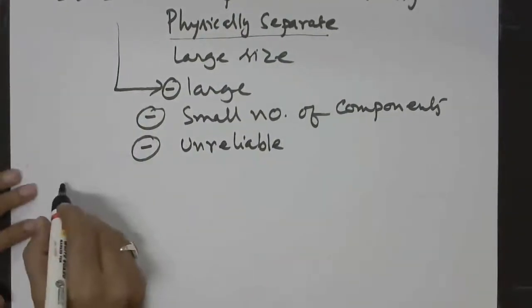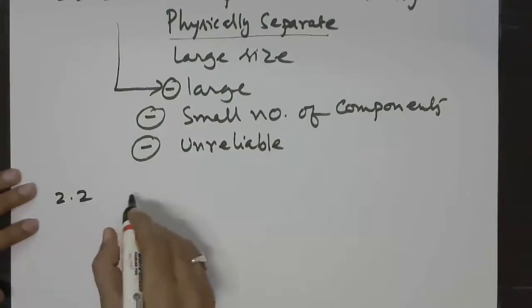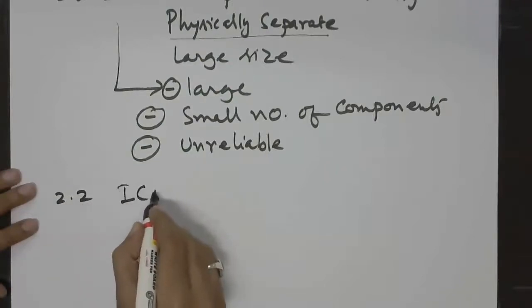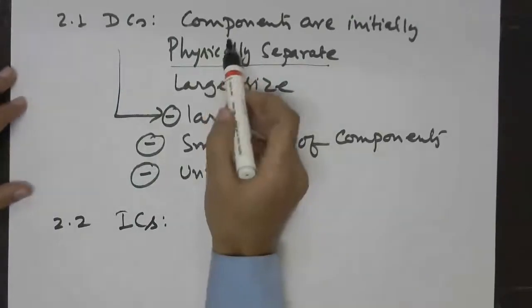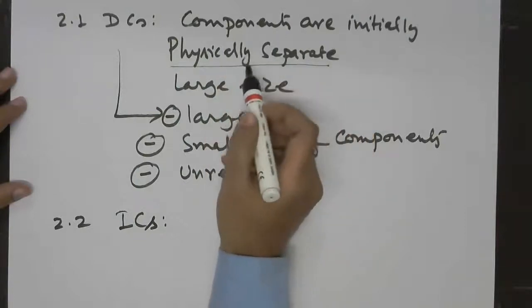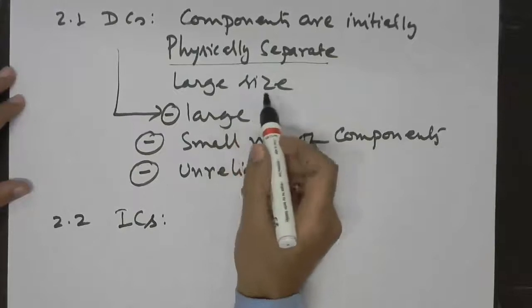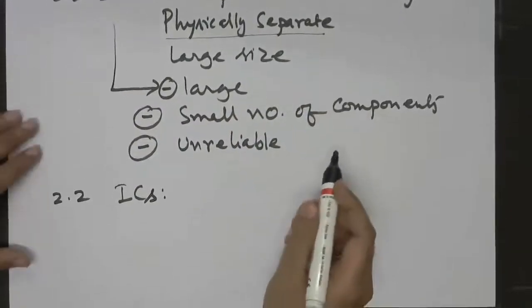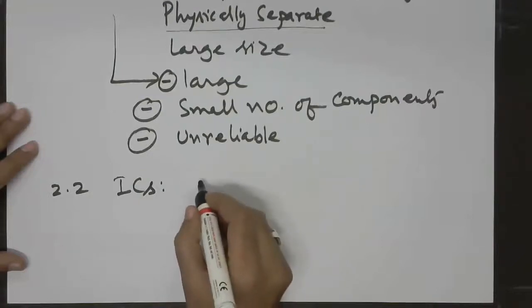But these days we encounter circuits which are called integrated circuits, and here, unlike the discrete circuits, the components are initially not separate. You will not be able to see them with your naked eye. How does this fabrication start?